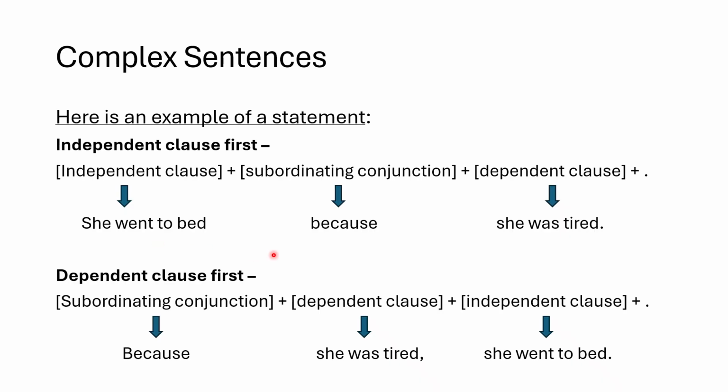She went to bed because she was tired. Dependent clause first. Subordinating conjunction, because, plus dependent clause, she was tired, plus independent clause, she went to bed. Because she was tired, she went to bed.